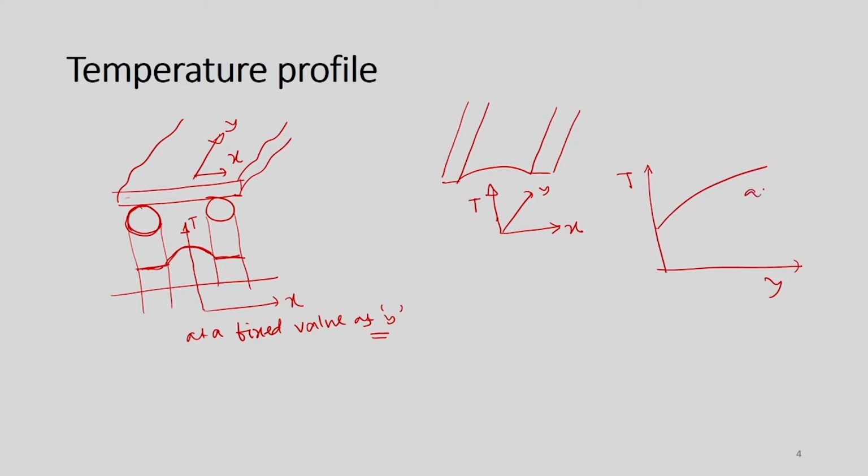This is at a fixed value of x. So this is along the flow of the fluid, and this temperature profile is in between the two tubes. These profiles are important while deriving the expression for the collector efficiency factor.